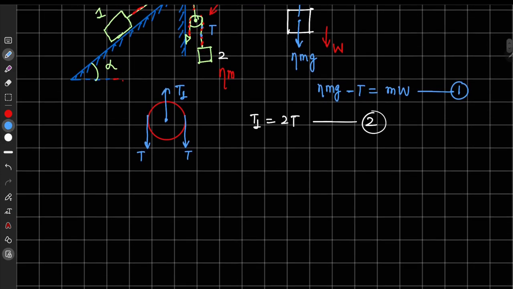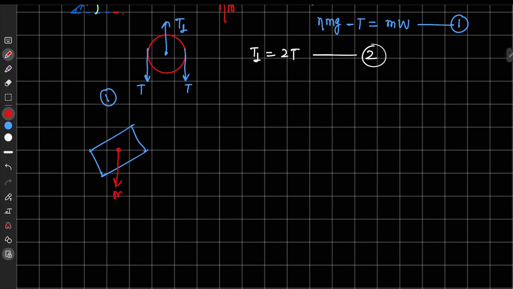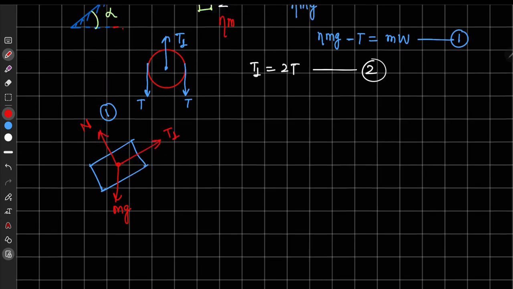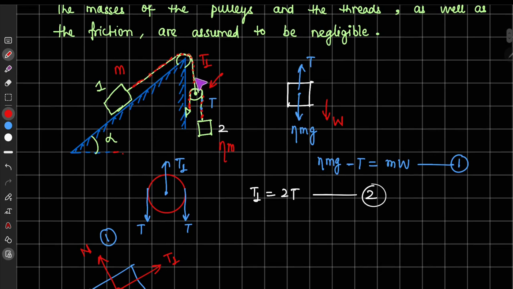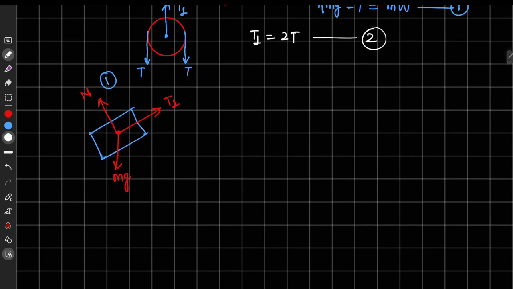Now let us draw the free body diagram of mass 1. This is body 1, and we will have the gravitational force mg in the downward direction, the normal in this direction, and the tension force T1, as at every point on this thread we have the tension force T1. This body is placed on the inclined surface making an angle of alpha with the horizontal, so we can take the components of mg in the tangential and normal directions.